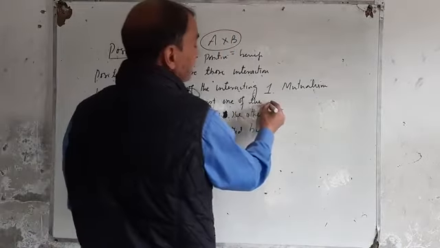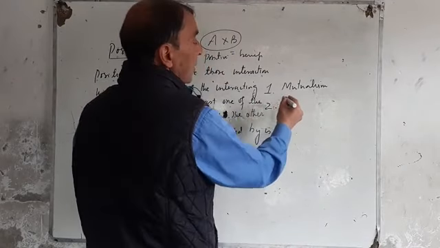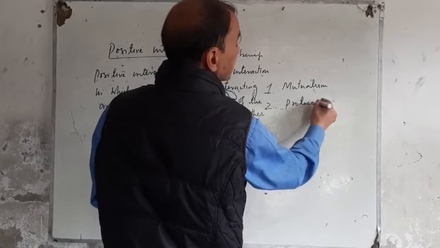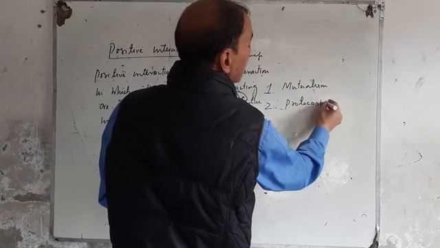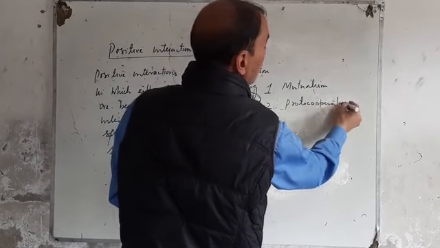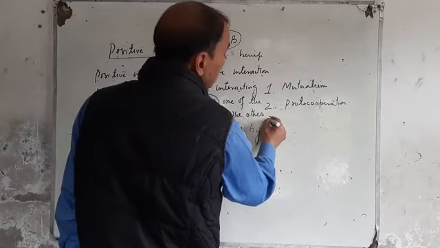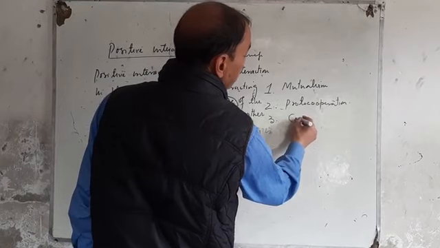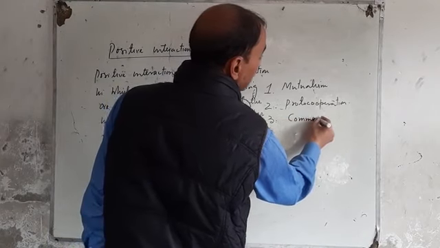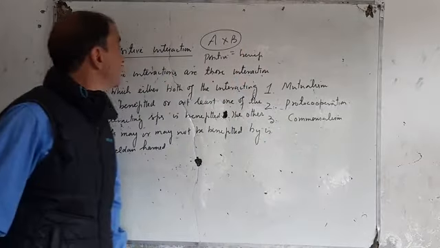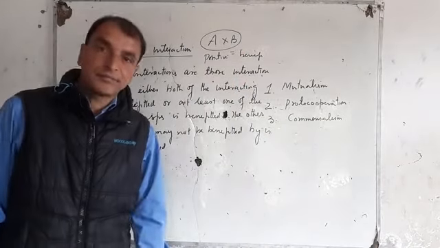Number two, proto-cooperation. Number three, commensalism. These are some common types of positive interaction.